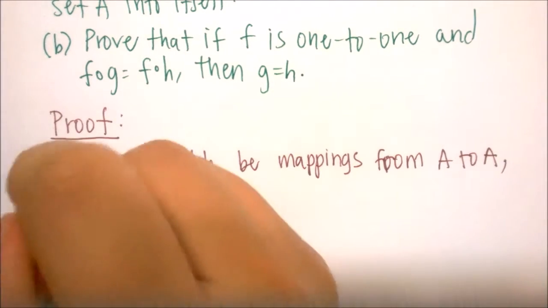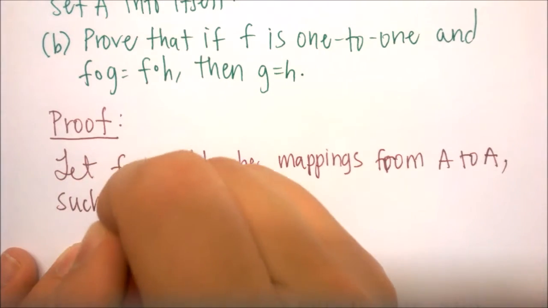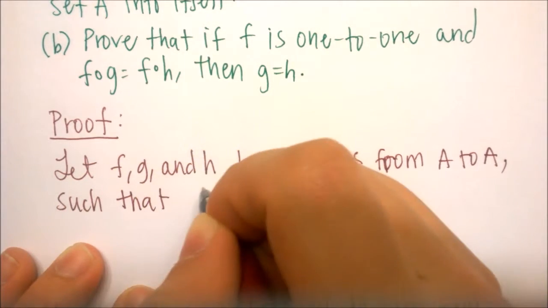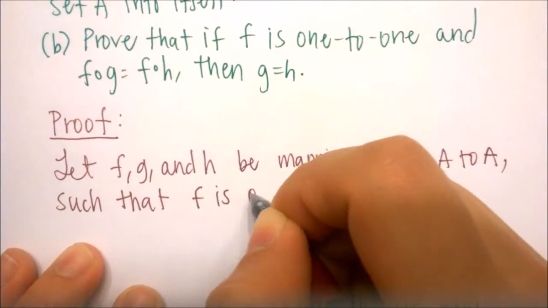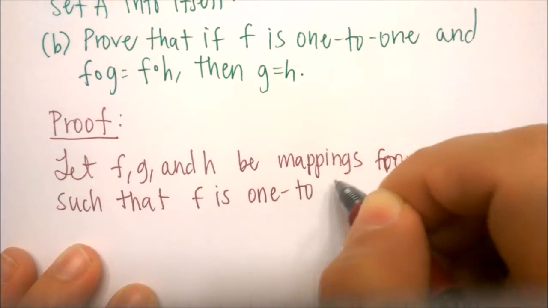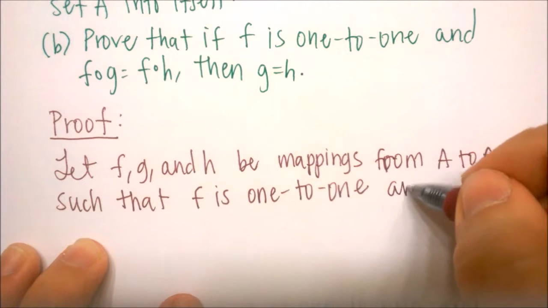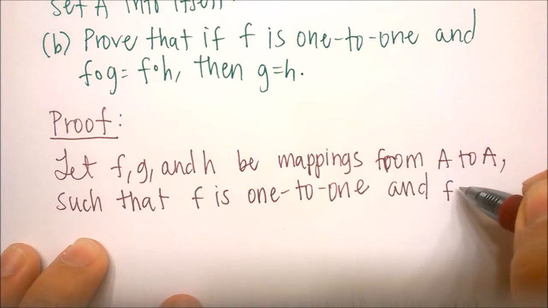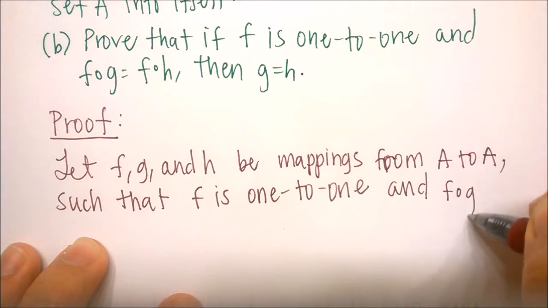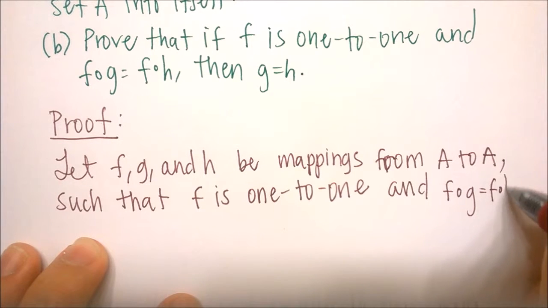And let's say such that f is 1 to 1, that's just a given to us in the problem, and f composed with g equals f composed with h.